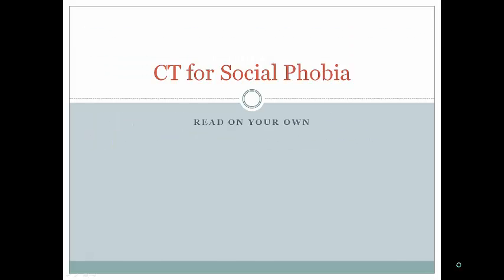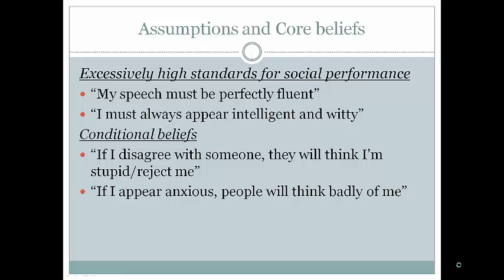You can also do strict cognitive therapy for social phobia, but that's described in your textbook, so you can read that on your own. But just to go over some of the core assumptions and beliefs here: people have excessively high standards for social performance. My speech must always be perfectly fluent.